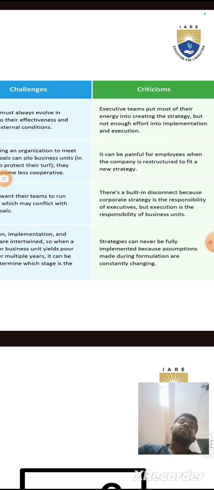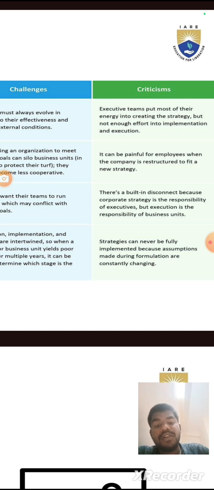And there are some criticisms. Executive teams put most of their energy into creating the strategy, but not enough effort into implementation and execution. It can be painful for employees when their company is restructured to fit a new strategy.